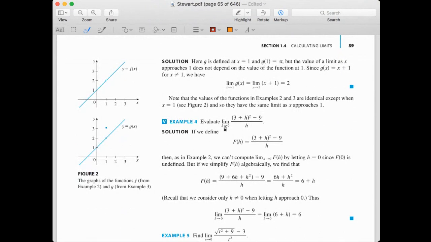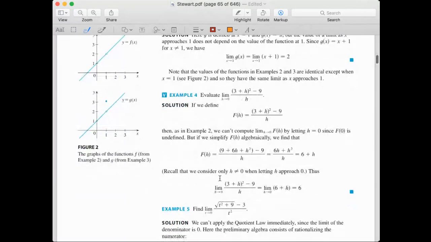Let's see example 4. If you have any questions, stop me anytime. Example 4, we have this limit as h approaches 0 of (3 plus h) squared minus 9, divided by h. Of course, we cannot plug 0 into h. So what do we do? Let's define this as a function of h. Then we can simplify a little bit. We expand (3 plus h) squared, because we know 3 squared is 9, and 9 minus 9 is 0.